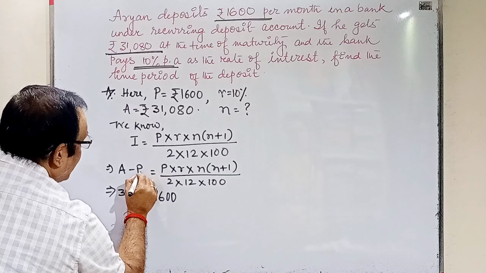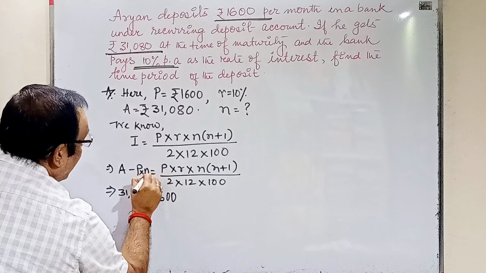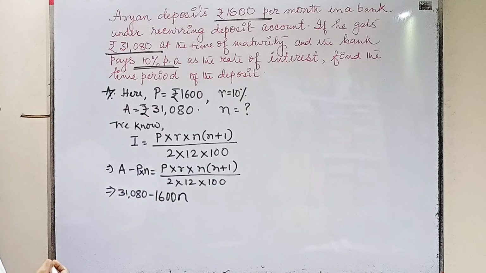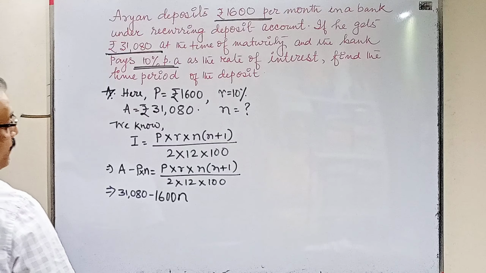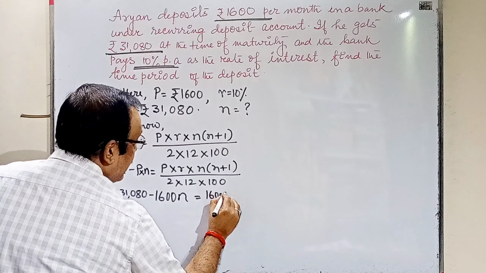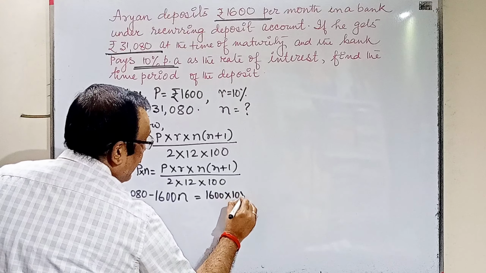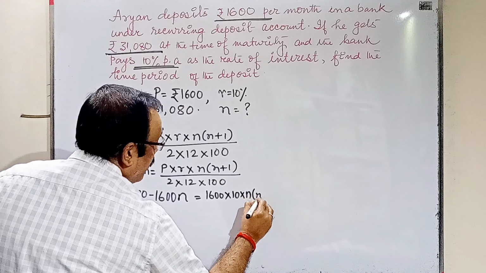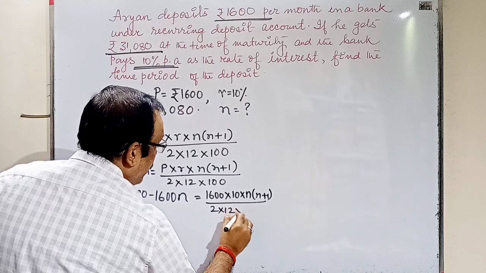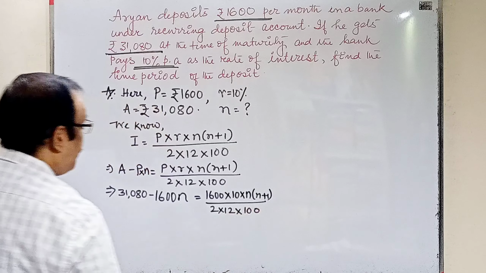So this will become P into N for n number of months. So this will be 1600 into N, because 1600 per month is the principal, rate 10, N we don't know, N into N plus 1 divided by 2 into 12 into 100.